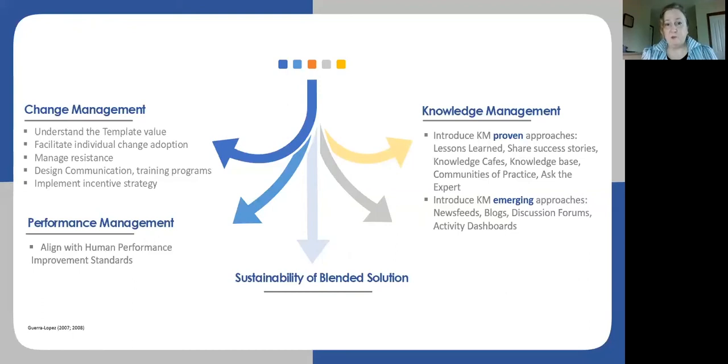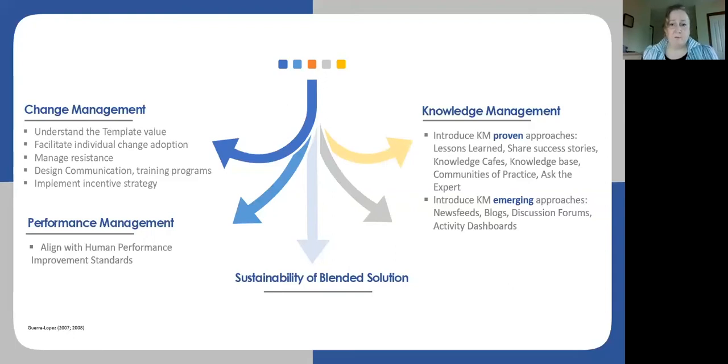Be able to facilitate the individual adoption, and you'll see the models that we use: manage resistance, design communication and training programs to support. And very important, implement incentive strategies. These come in the form of badges, recognition that comes from the contribution they make to the content in the platform, and the social media elements.